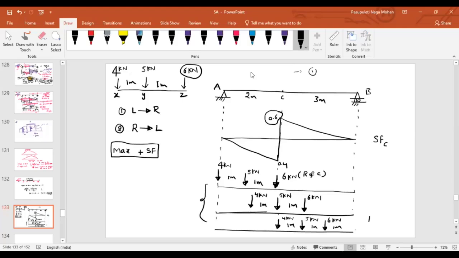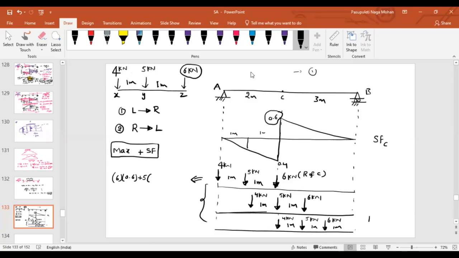Now, quickly tell me, what about the values if I solve this case? What is the ordinate under 6 kilonewton? 0.6. 6 into 0.6 plus what about the ordinate under 5 kilonewton? It is somewhere here. What is this distance? 1 meter.